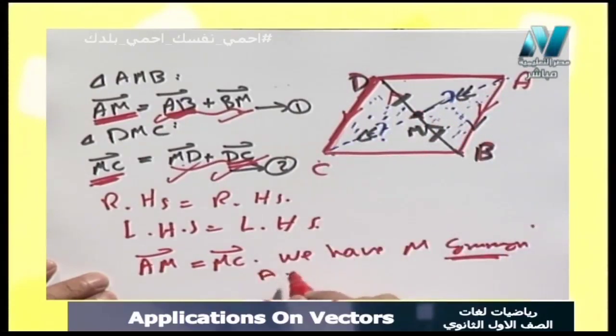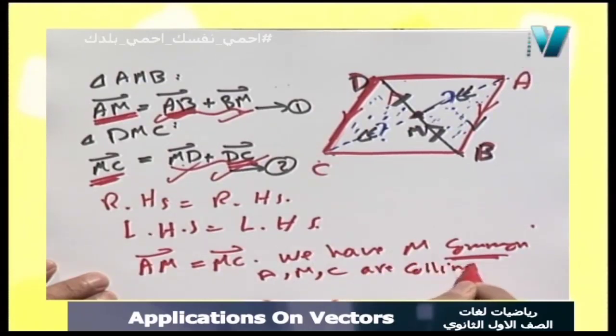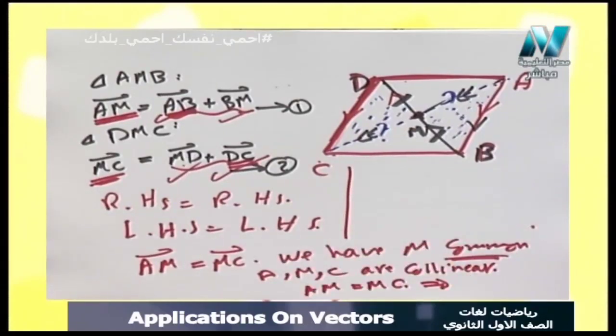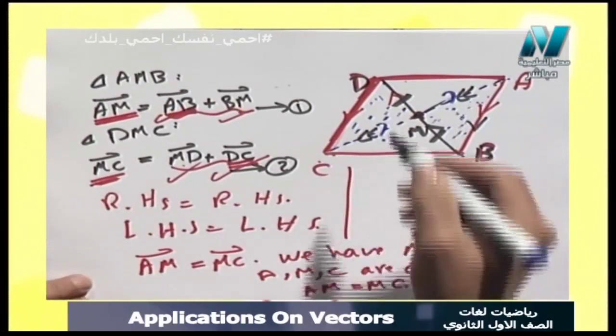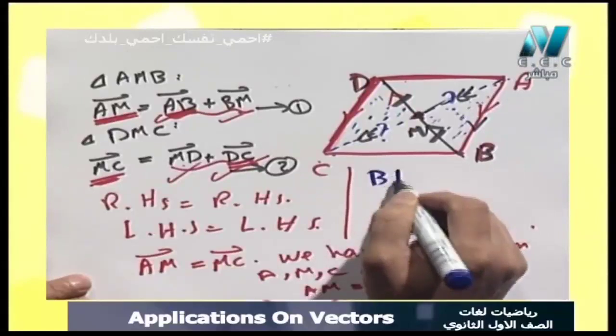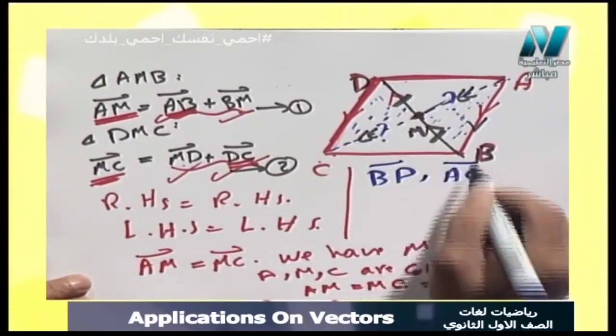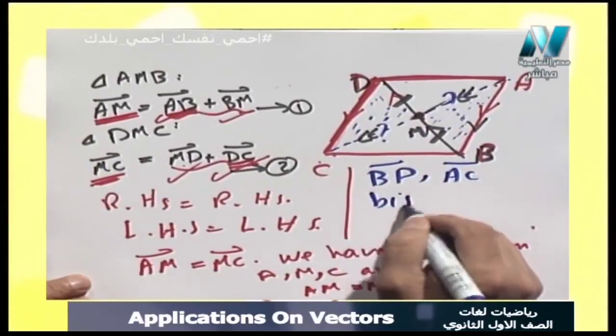So A, M and C are collinear, and AM equals MC. So the diagonals DB and AC bisect each other.